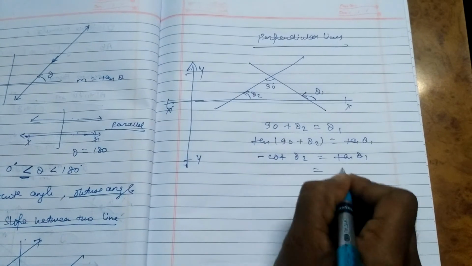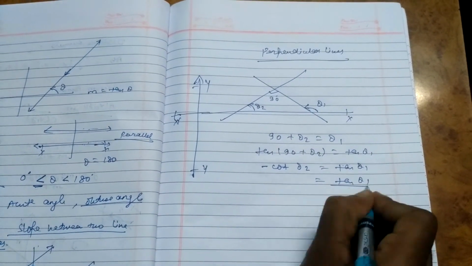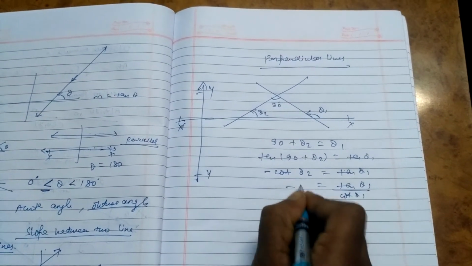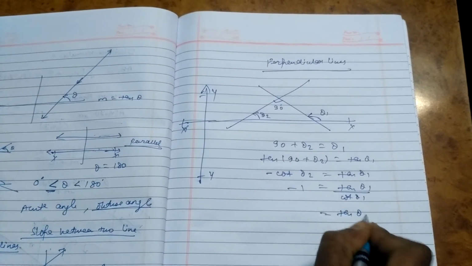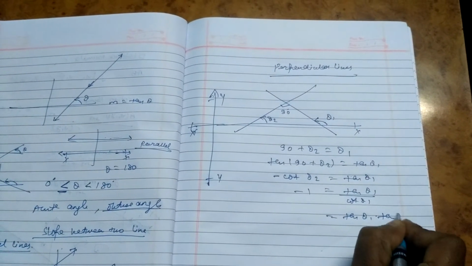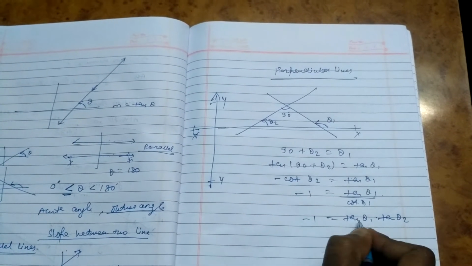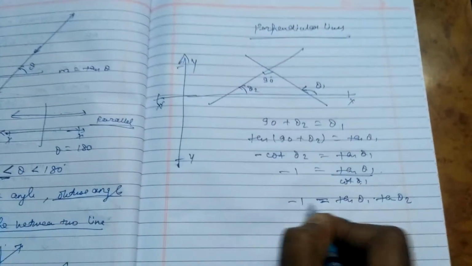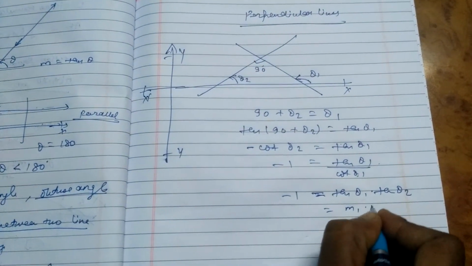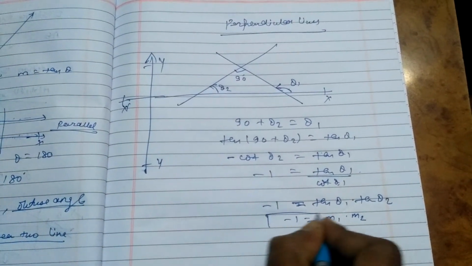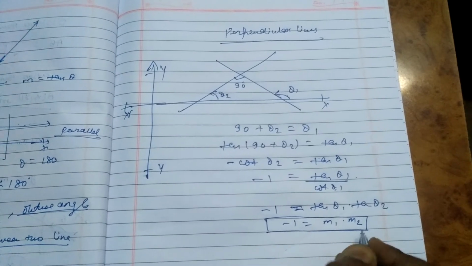So tan theta 1 equals minus cot theta 2. The reciprocal of cot theta is tan theta, so we can say tan theta 1 into tan theta 2 is minus 1. So m1 into m2 is minus 1. This is the relation we have got.